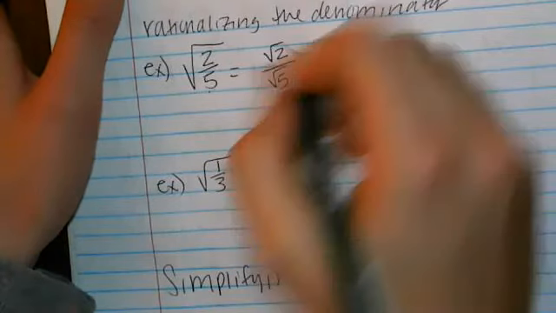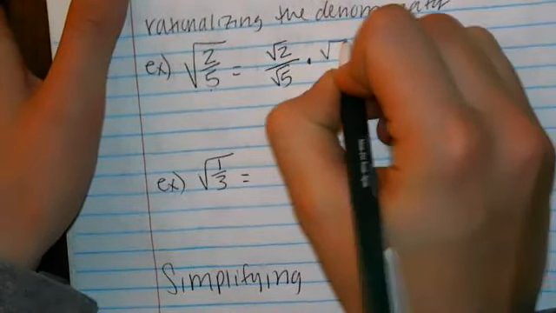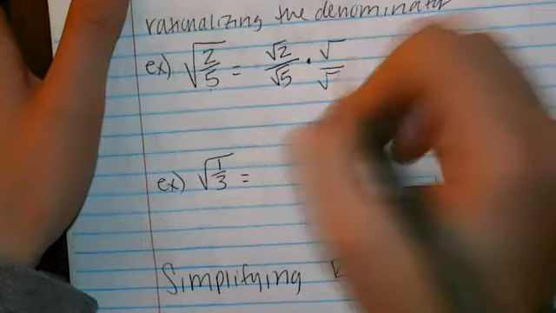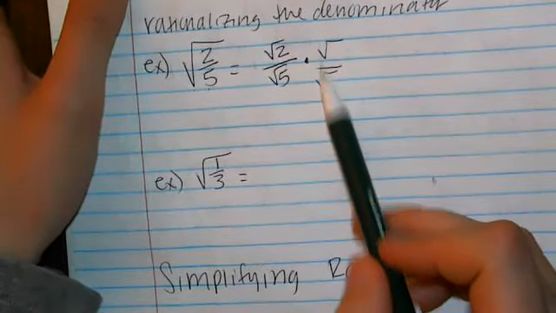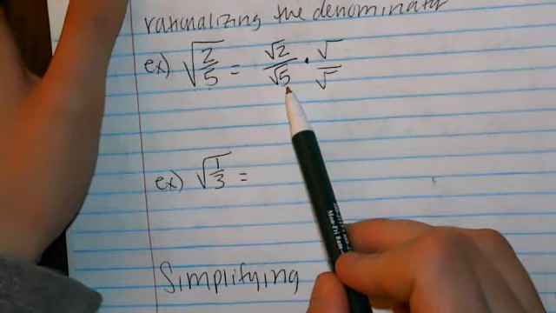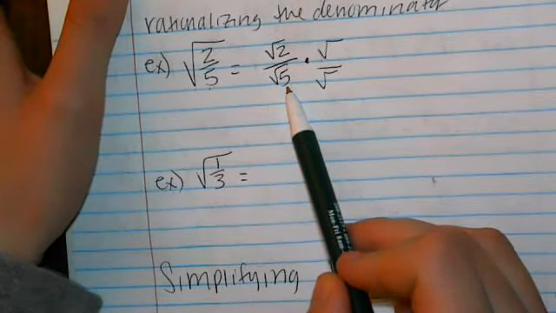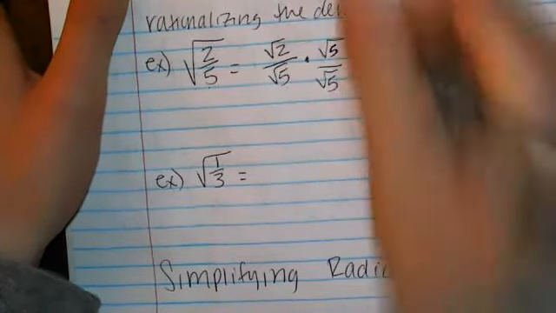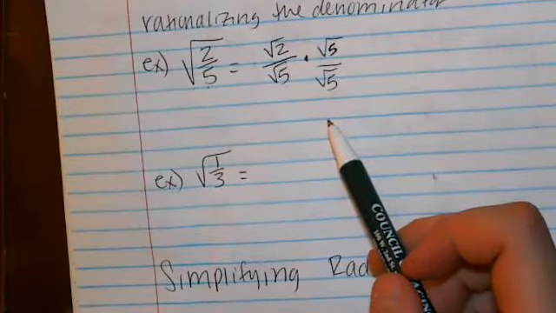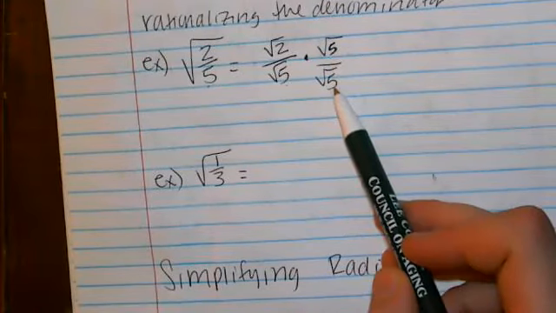When we rationalize the denominator, it's by multiplying essentially by a funny looking 1. So you have a root over a root. The number that goes inside is whatever is in your denominator. So root 5 over root 5. And again, we can do this legally because root 5 over root 5 just equals 1.